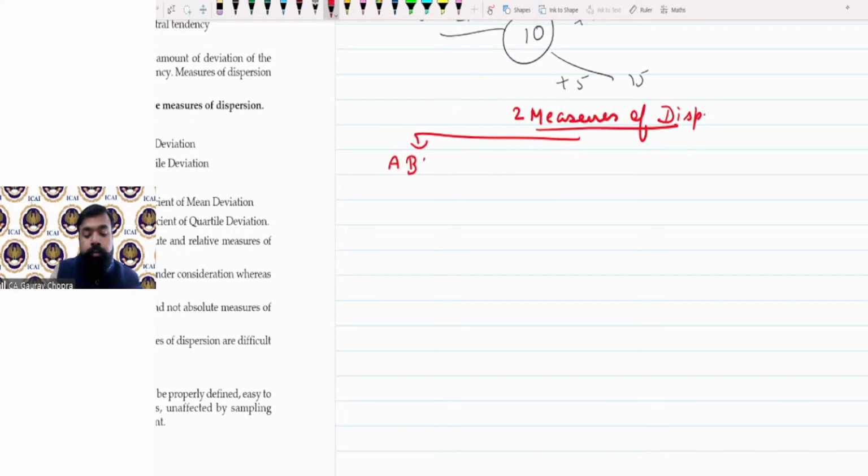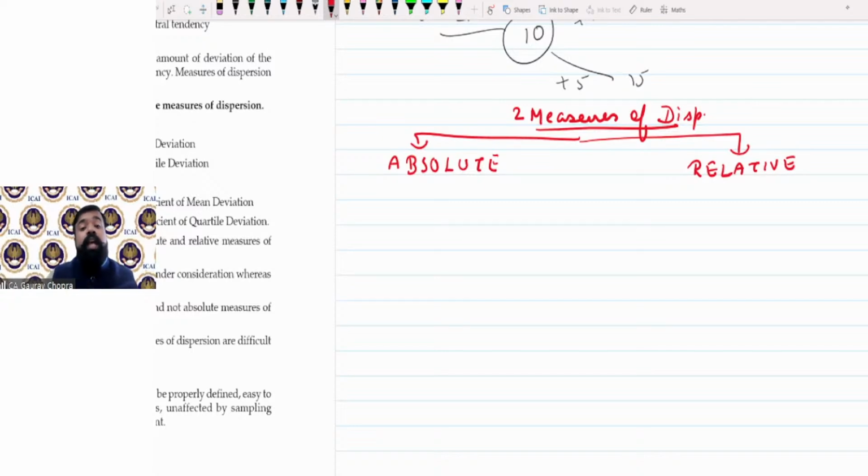One is absolute measure and the other one is relative measure. So these are the two measures of dispersion, absolute measure and relative measure.